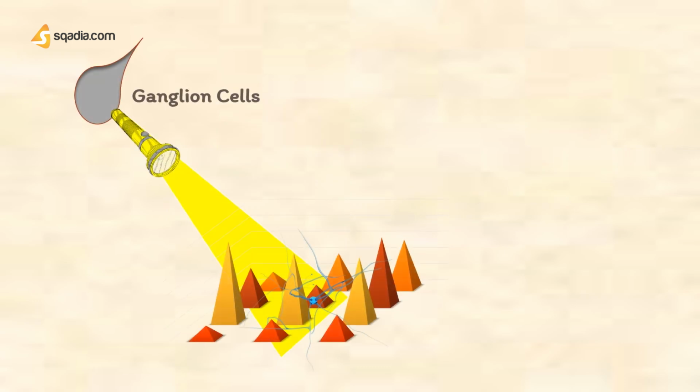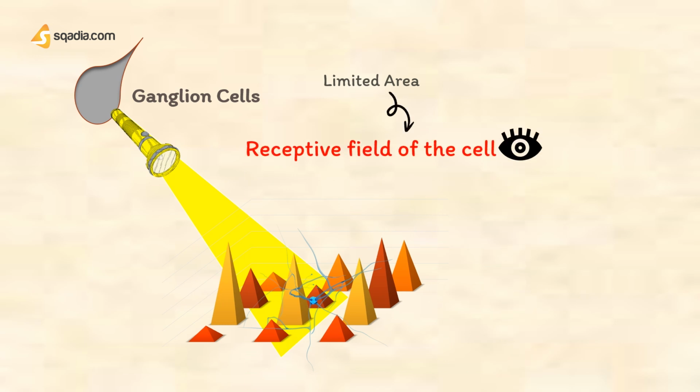Each ganglion cell responds to changes in light intensity over a limited area of the retina, rather than to a stationary light stimulus. This limited area is called the receptive field of the cell and corresponds to the group of photoreceptors that has synaptic connections with that particular ganglion cell.